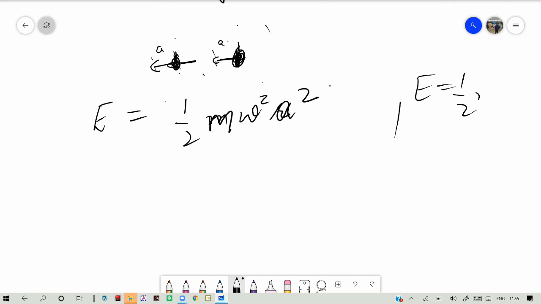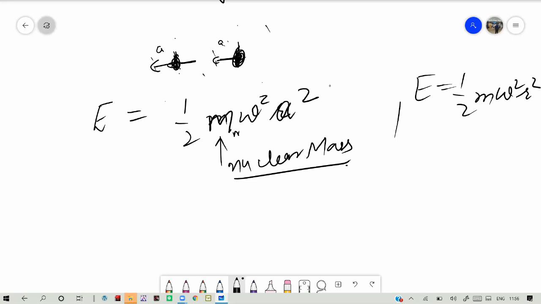So what is the vibrational energy then? E. I will take m as the mass of the nucleus. E is equal to 1/2 m omega square a square. This m is the nuclear mass, I will write m n.